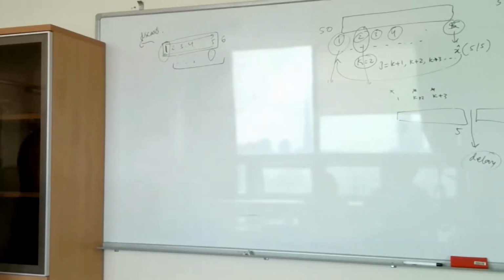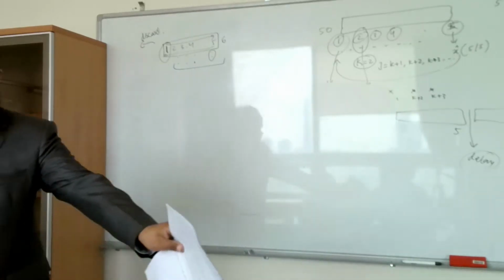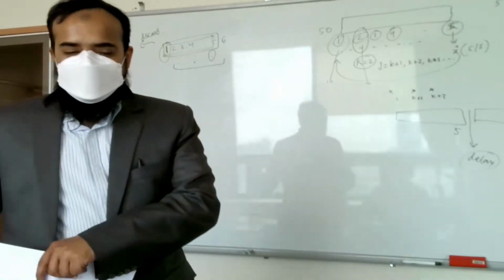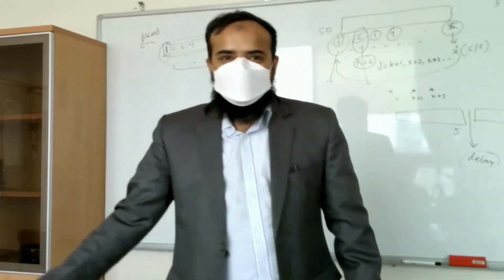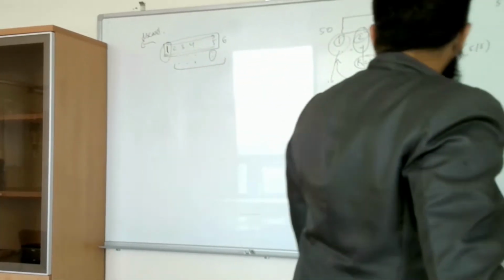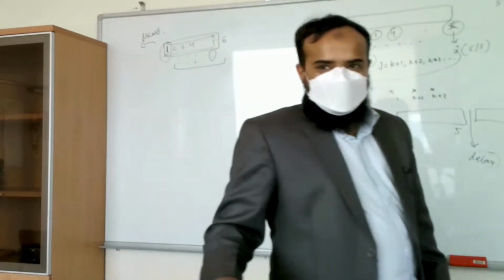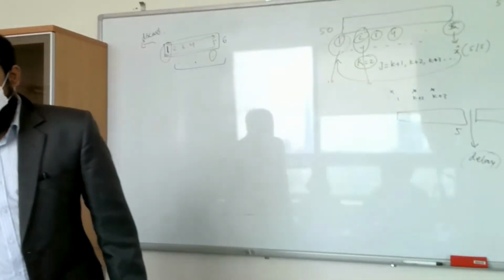Then in the next cycle we remove this one and add one more. Again the length is 5. This is called overlapping, because the first length is 1, 2, 3, 4, 5.